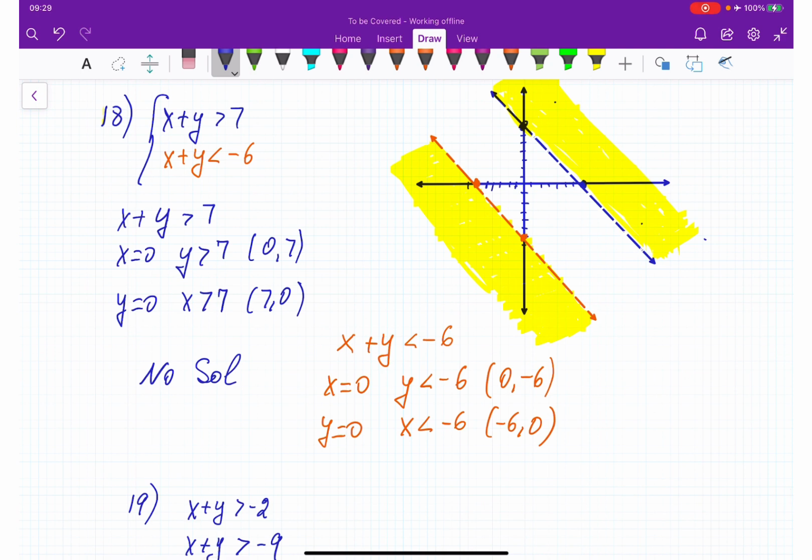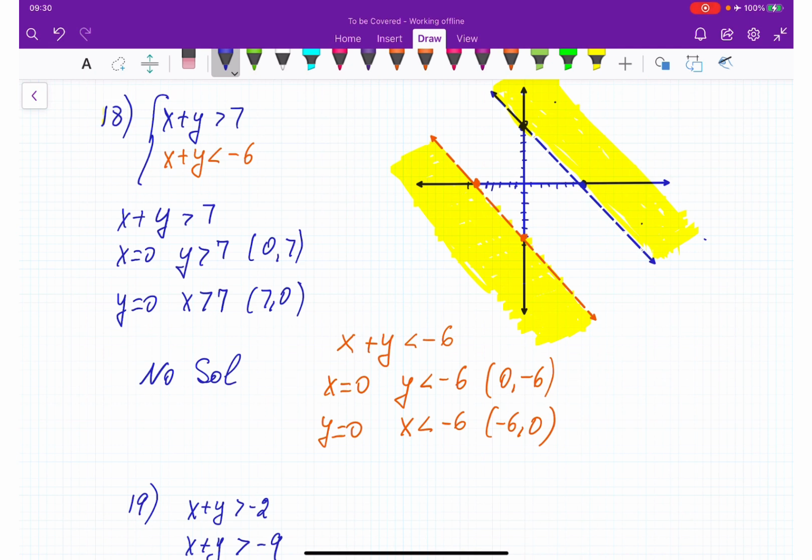You know something about number 18? If you look at the inequalities, both have x plus y, right? Identical terms. And one says more than 7, the other one says less than negative 6. So they are going in absolutely different directions.